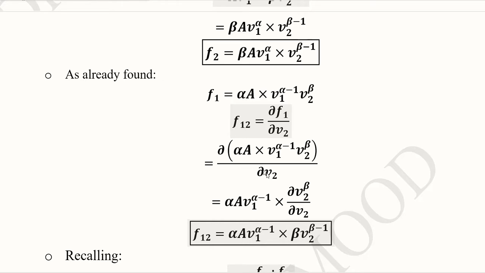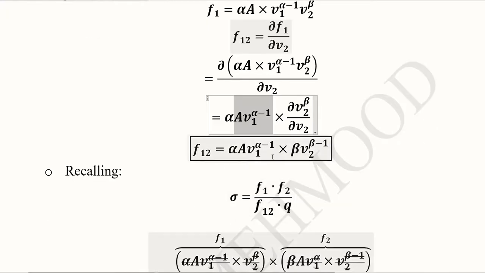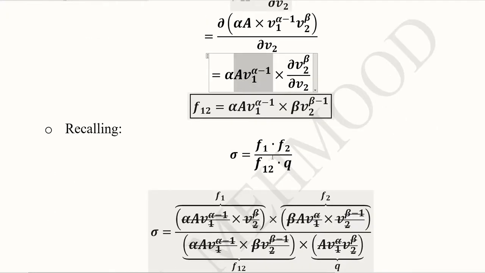So delta over delta v2 will appear, and this is f1. It is again easy to calculate simply by using the power rule. This is the result of the derivative, and this is the term that we have as a coefficient. Now f12 is found, and it looks like this.